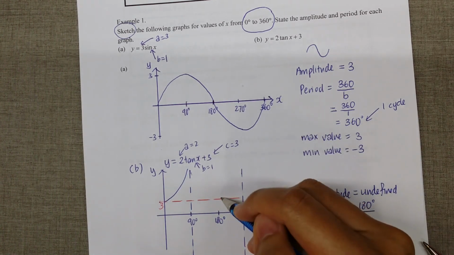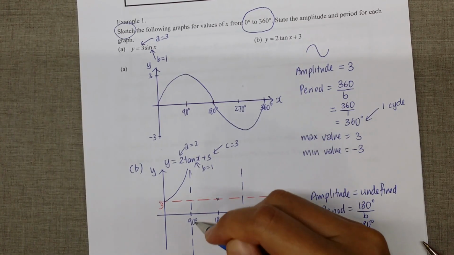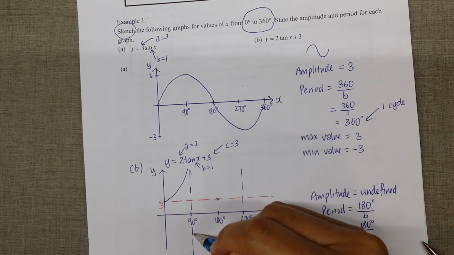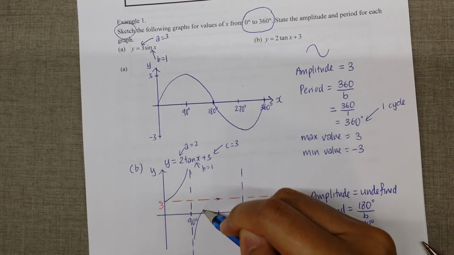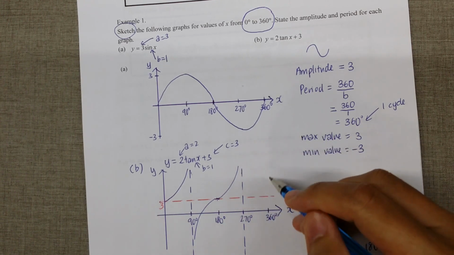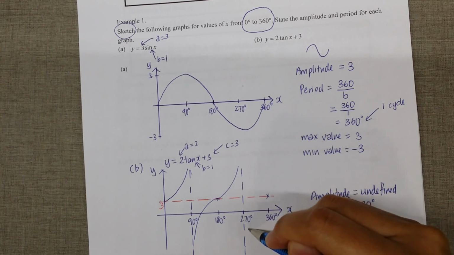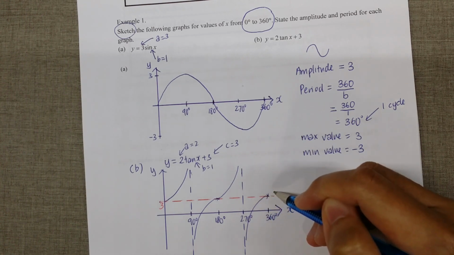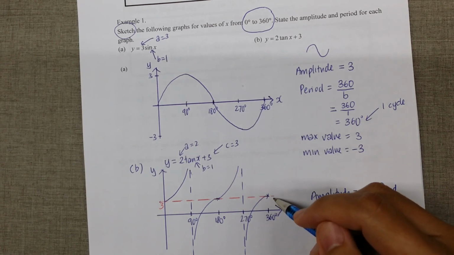Okay? And the graph will look like this. And mark out this point, 360, the graph will look like this. They asked me to stop at 360, so I stop here.